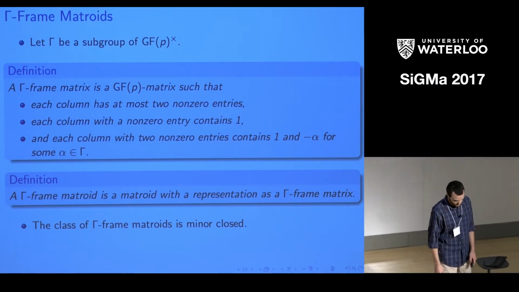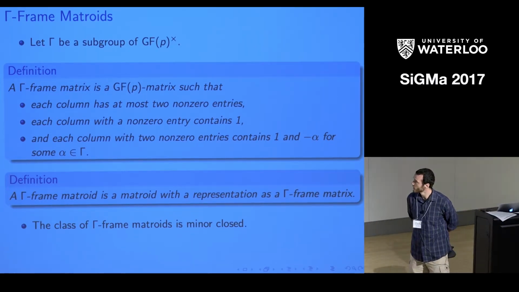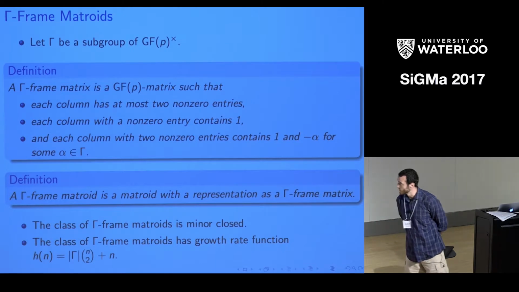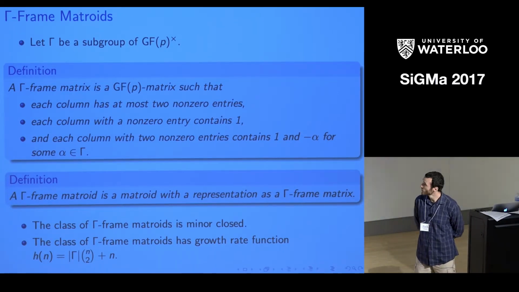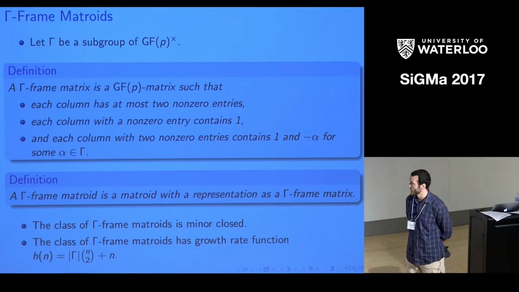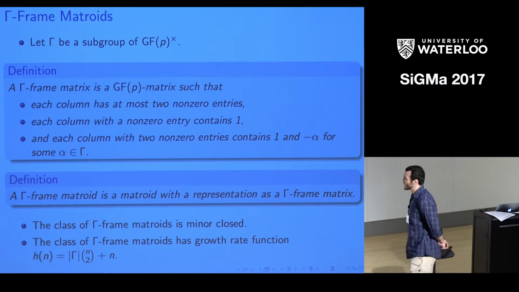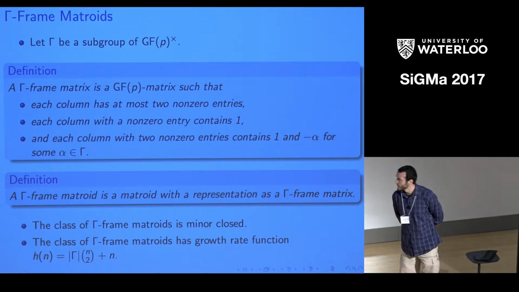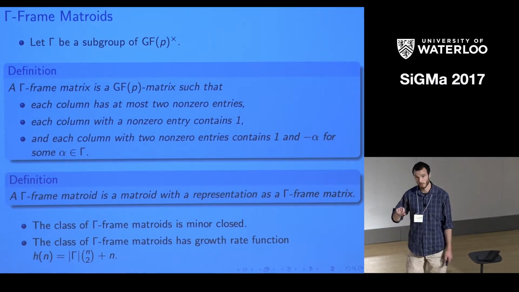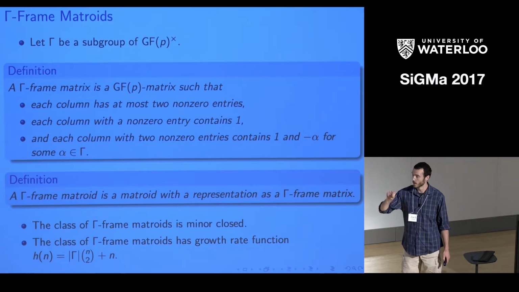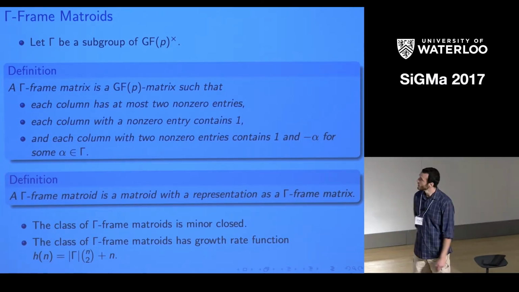The first is that the class of gamma frame matroids is minor closed for any gamma. And that's easy to check. The second property we need is that the class of gamma frame matroids has growth rate function |gamma| times n choose 2, plus n. And that's just because if we have a gamma frame matrix with at most n rows, there's certainly at most n unit columns.